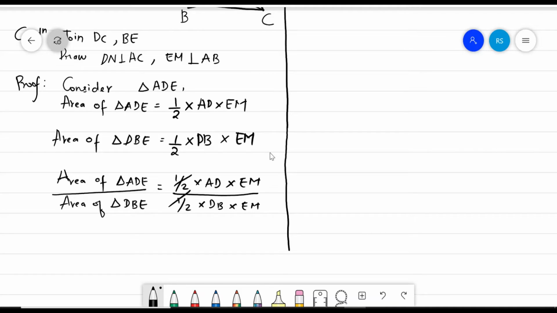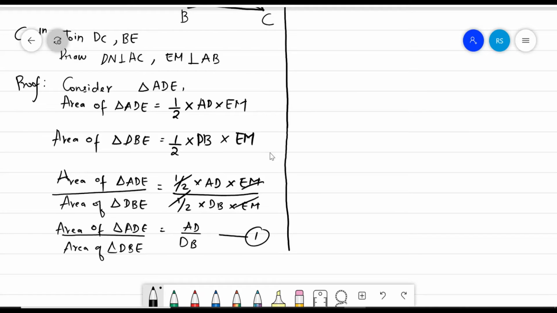So this gets cancelled, this gets cancelled. So we got area of triangle ADE upon area of triangle DBE is equal to AD upon DB. That we'll consider as equation 1.